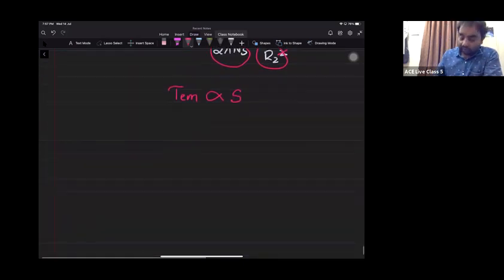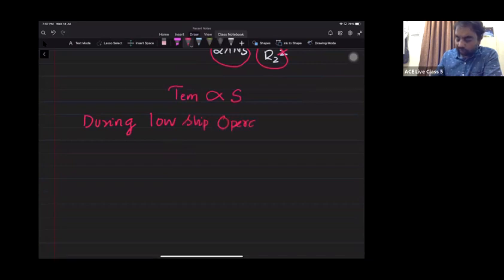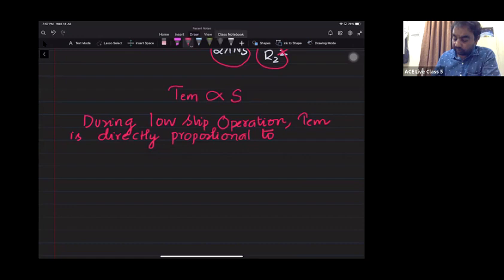So can I write: during low slip operation, the electromagnetic torque is directly proportional to slip.